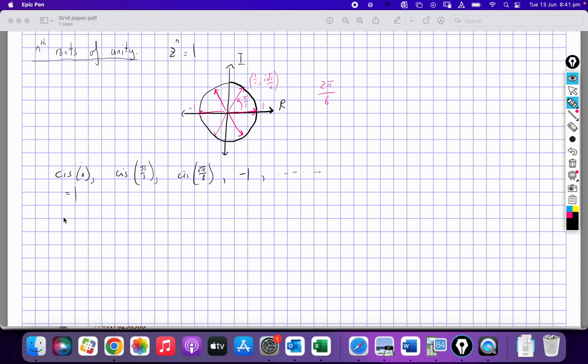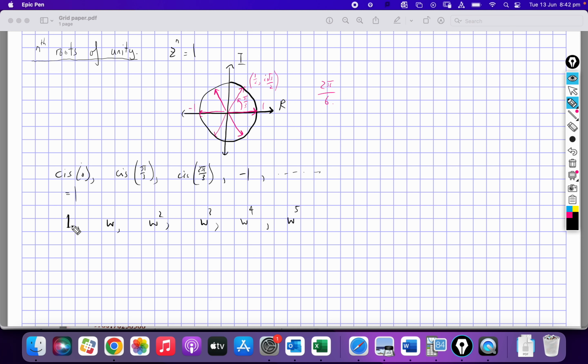But to save time and make things a bit quicker and easier, we say, well, the first root is 1, and then we'll have w and w squared and w cubed, and I would need to go up to w to the power of 5 in this instance.